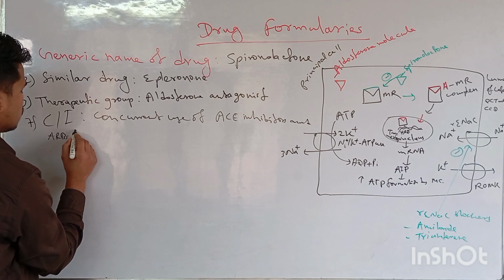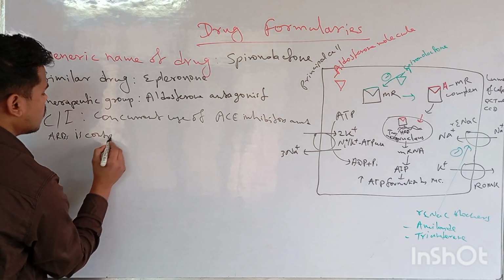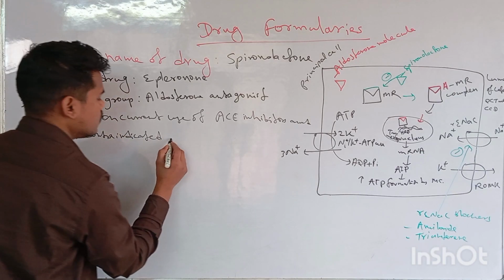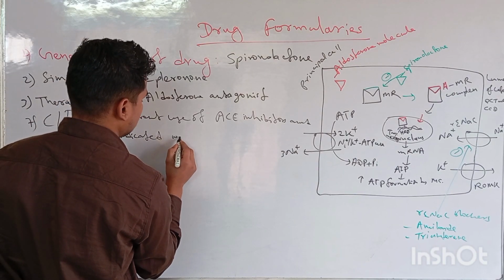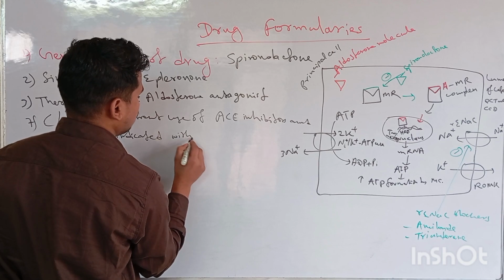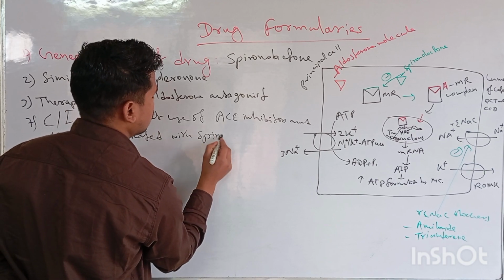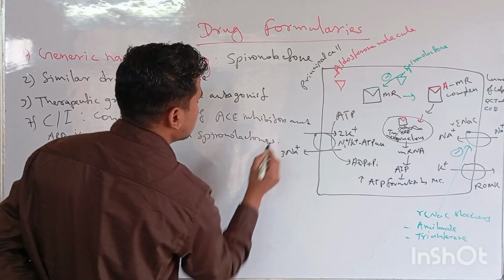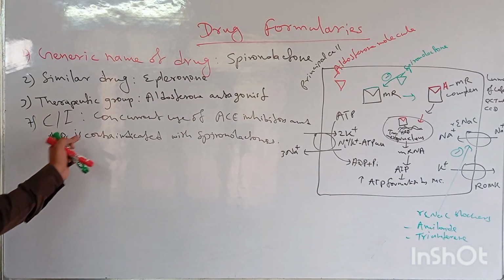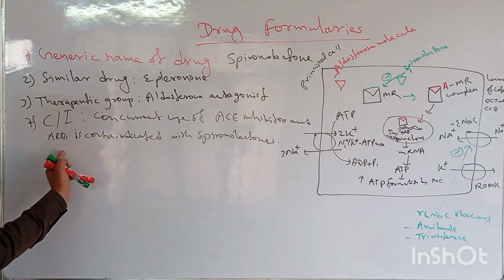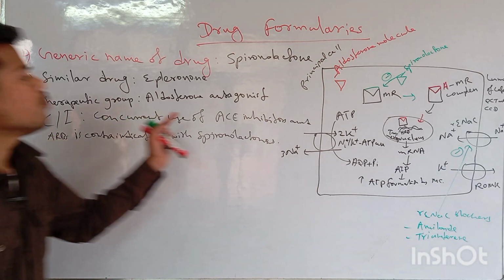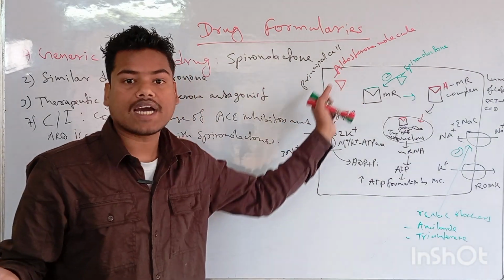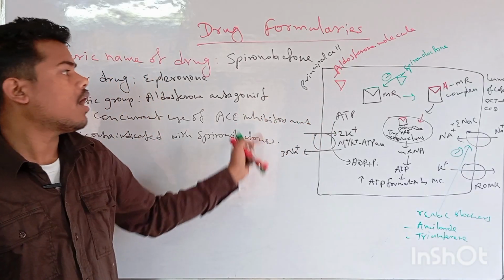is contraindicated with spironolactone use. Concurrent use of spironolactone and these drugs will be contraindicated because these ACE inhibitors and ARBs ultimately block the aldosterone action. How?